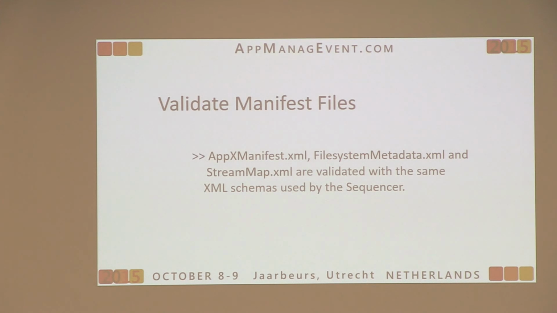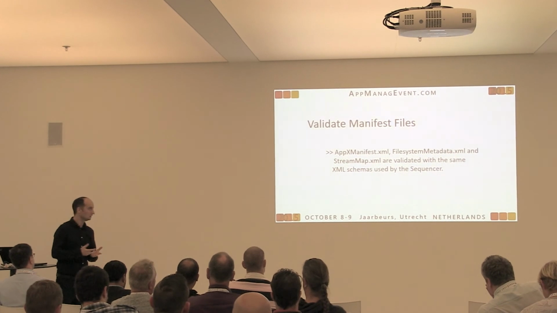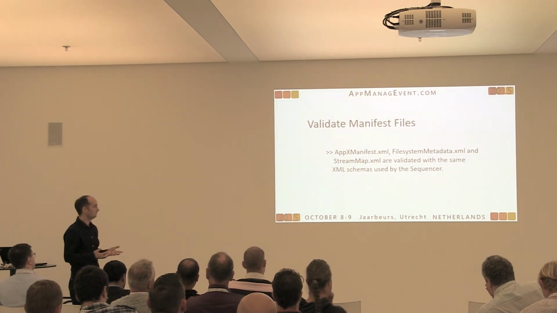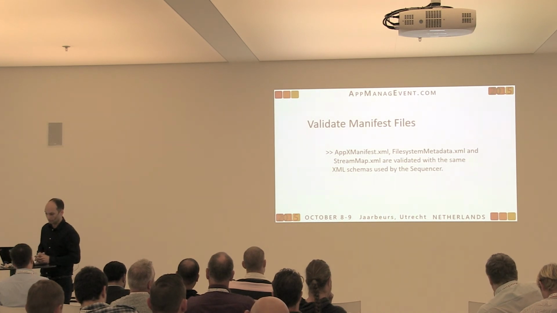The only difference is that for the content type XML and the package history XML manifest from the package, we couldn't find any of those schemas. I don't know if they are in the sequencer or where they are, because Microsoft is very secretive on this side.